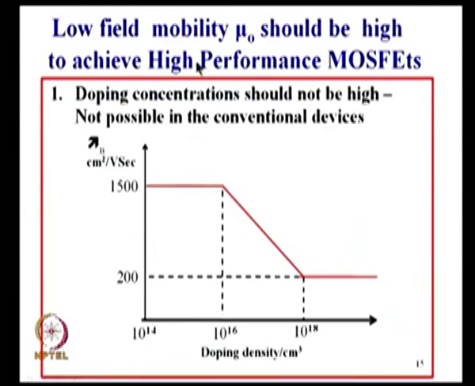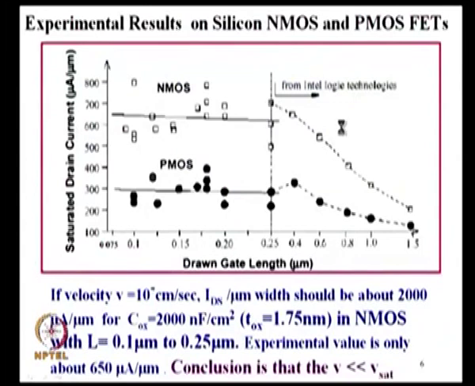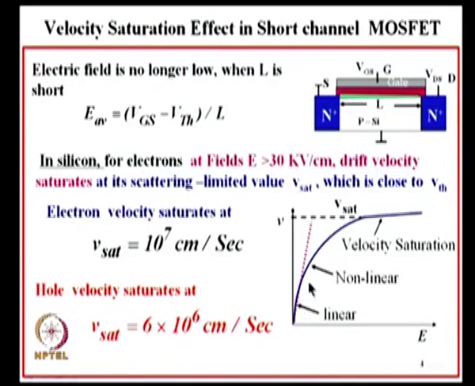So, low field mobility should be high. The mu is actually the mobility in the low electric field. You go back to this, you see mobility is actually just the slope here, in the low field region. At the source end the field is low. As you go towards the drain end, the field becomes high. So, velocity naturally goes up there.